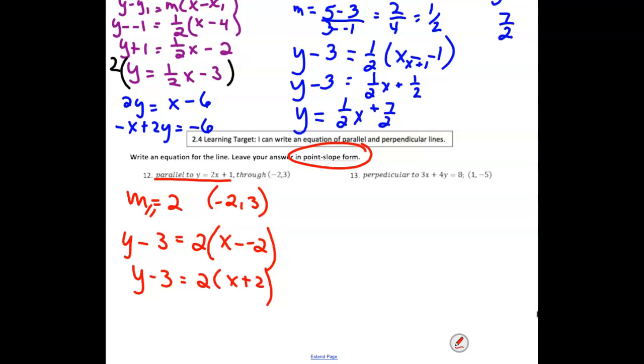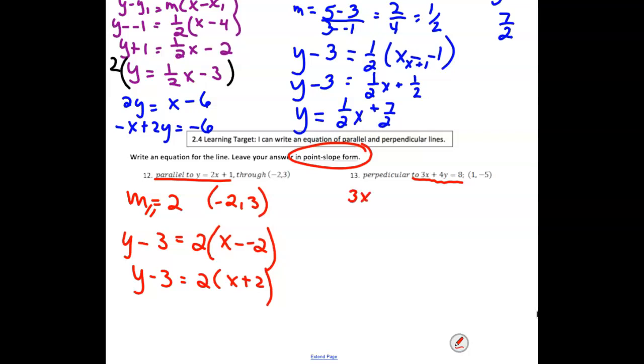What do we know if it has to be perpendicular? We said our slope has to be opposite and reciprocal. The problem with this question is, what form did they give me the equation in? It's in standard form. It's hard to find slope when it's in standard form. So we're going to have to do some rearranging. We want to put this in slope-intercept form.